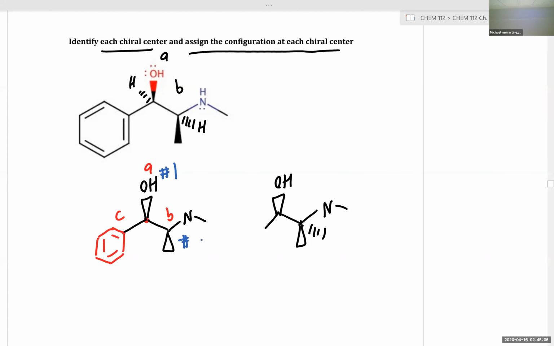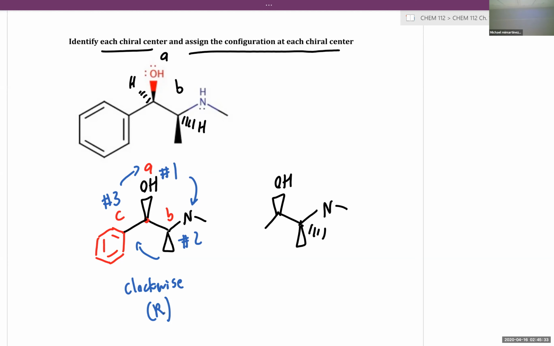B, exactly right. And then C by default gets priority 3 since it's not hydrogen. So if we trace from priority 1 to priority 3, we see it's clockwise. Ergo, we assign this stereocenter as R. Does that make sense so far? Is everyone comfortable with that so far?